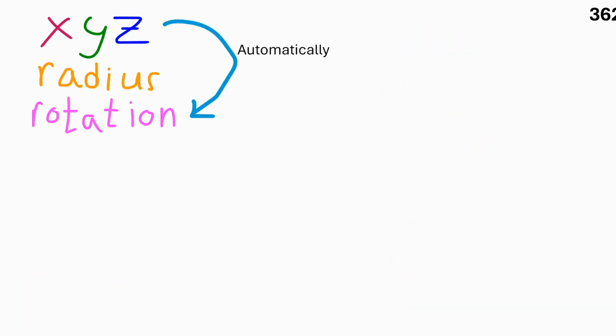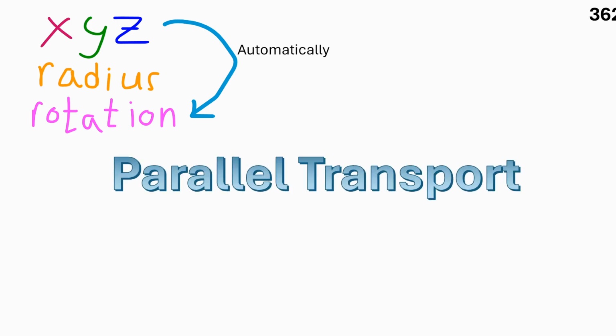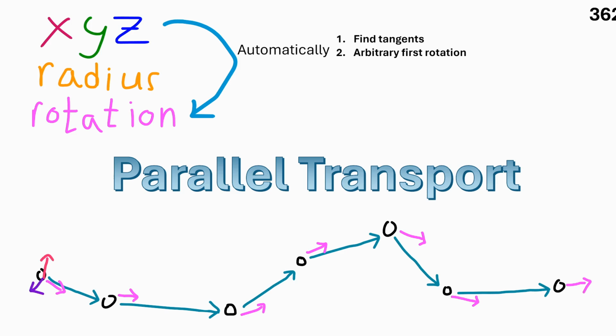So now, how do we determine the rotations automatically from the relative positions? This is an algorithm called parallel transport. The first step is to use the first part of the previous to find the directions. Next, you need to basically choose an arbitrary first rotation based upon the first direction.